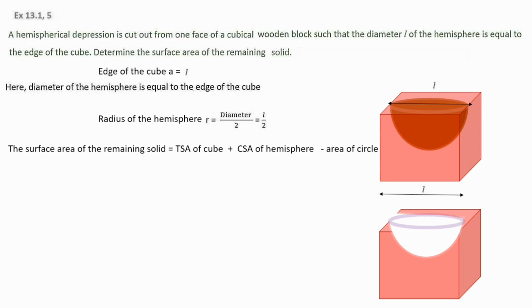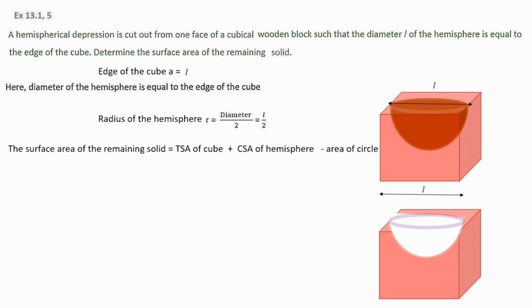Here the total surface area of the cube, means the entire cube I have taken, and when you look at the top of the cube, this portion is visible, that is the CSA of the hemisphere. So the total surface area of the cube and the CSA of the hemisphere we have added. Then from the total surface area of the cube, this circular portion is also gone, it is not visible for us.